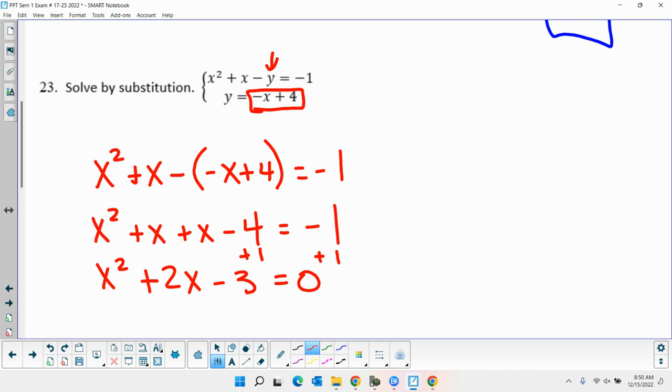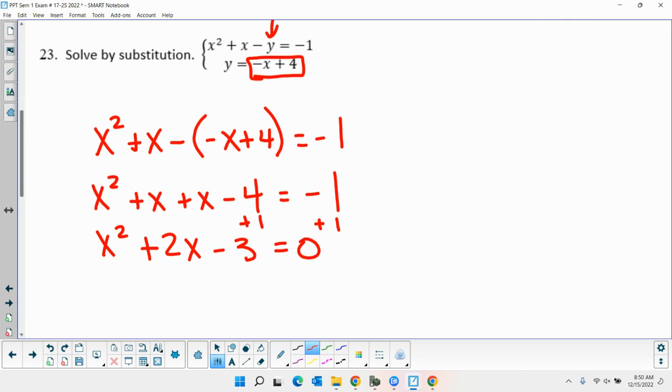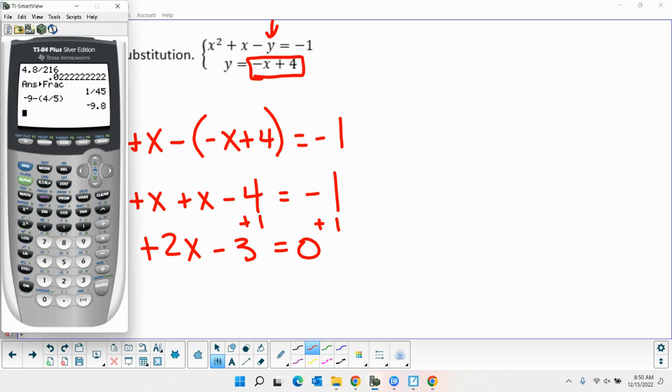Okay, now remember, when we're solving a system, we got to find an x value and a y value, right? Because there's a y up there. So remember, don't stop once you get your x values. I think I would just factor this. But again, if you want, you can use your calculator. I'll just show you how to do that quick if you want.